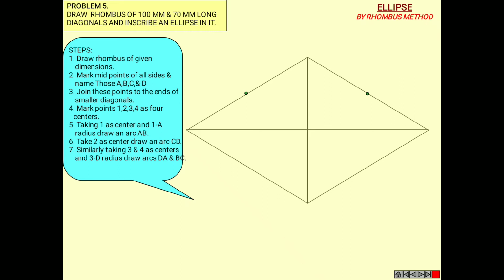Now we mark midpoints of all sides. Since we have 4 sides in a rhombus, we mark the midpoints of all sides and name them as A, B, C and D. Now join these points to the ends of the smaller diagonal.